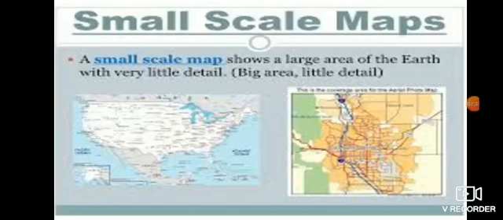A map of India on a wall map or even in an atlas would be a small scale map. When a large area is shown on a small map, such a map is called a small scale map. These maps show a large area with less detail, for example, a map of a country or a state.